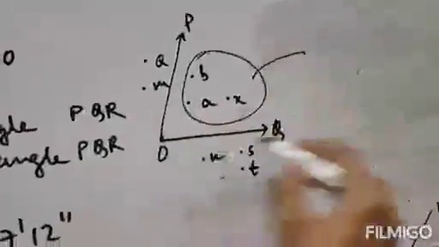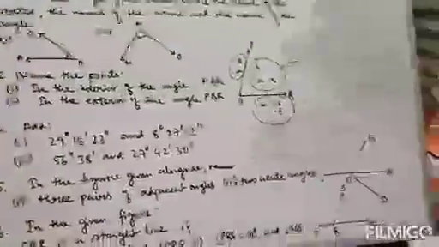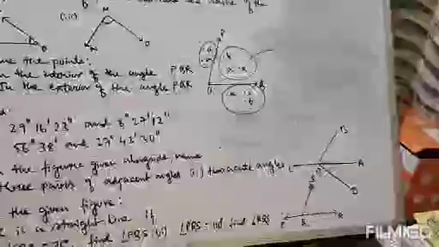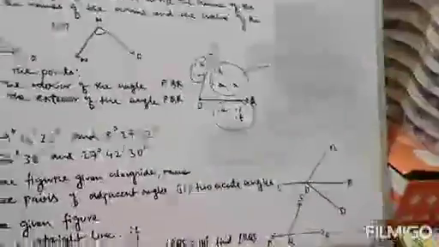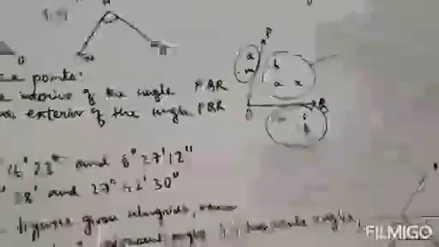So interior points are B, A, X, and exterior points are Q, M, N, S, and T, according to this figure.